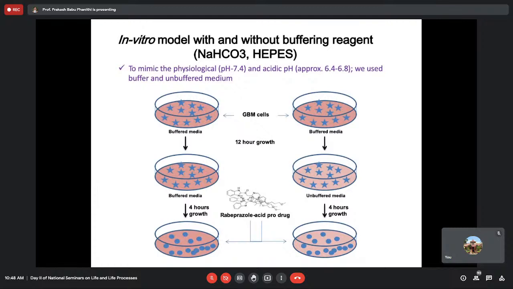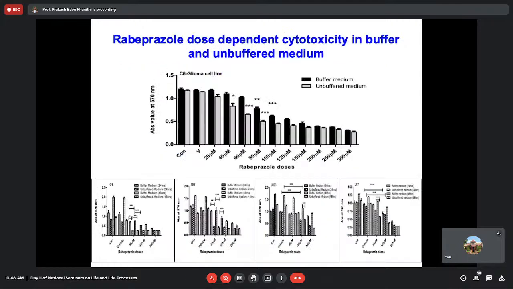When we used the cell cultures of the glioblastoma cells, they showed promising results, that it is inhibiting the cell proliferation. We used it at different concentrations in the buffered and unbuffered medium. In the unbuffered medium, we have seen the best possible results using rabeprazole against the C6 glioma cell lines.